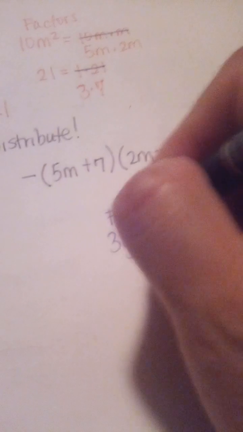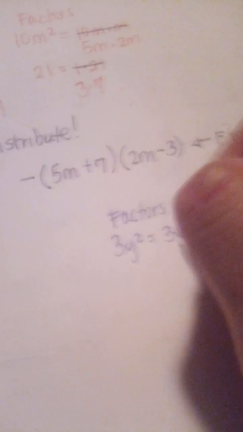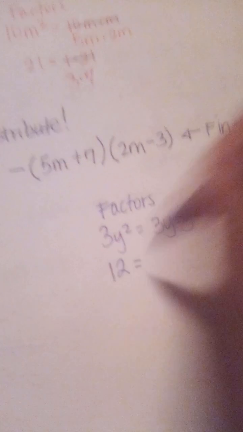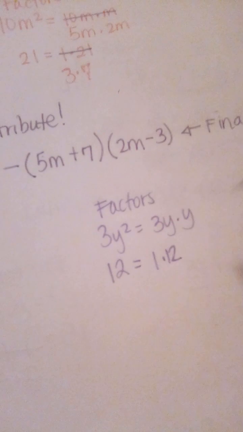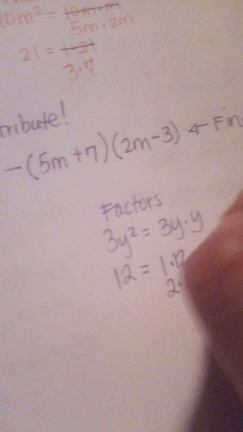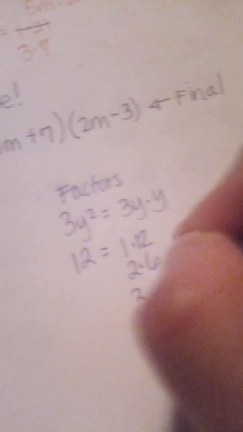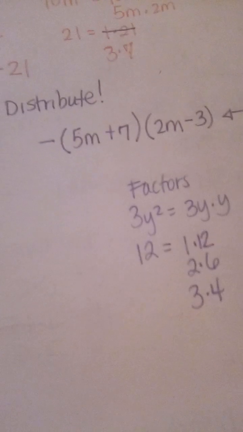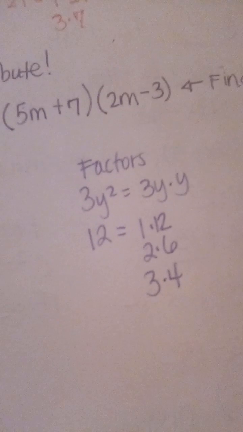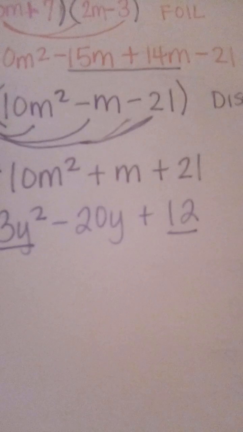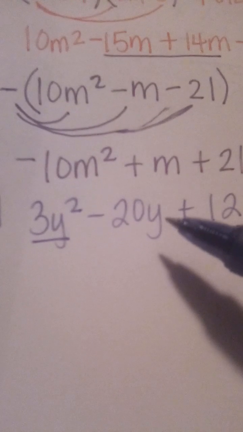For 3y squared, we have 3y times y. The factors of 12 are 1 times 12, 2 times 6, and 3 times 4. Okay, we have those factors out. Good. Let's look at the middle term, which is negative 20y.